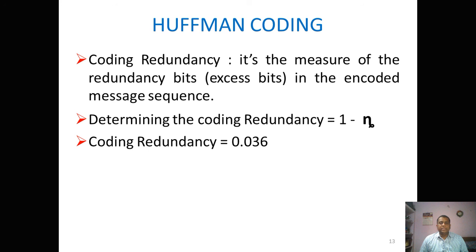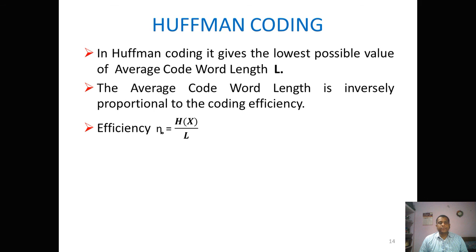It is nothing but the measure of the redundancy bits, that is excess bits, encoded in a message sequence during transmission. So coding redundancy is 1 minus eta, which is 0.036, and it should always be minimum in value.